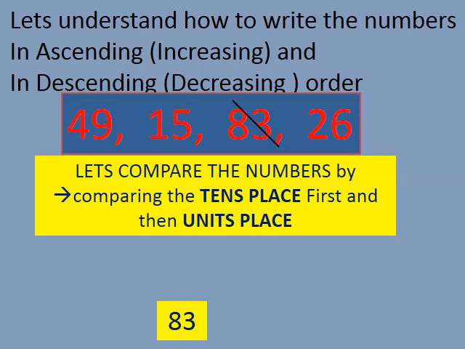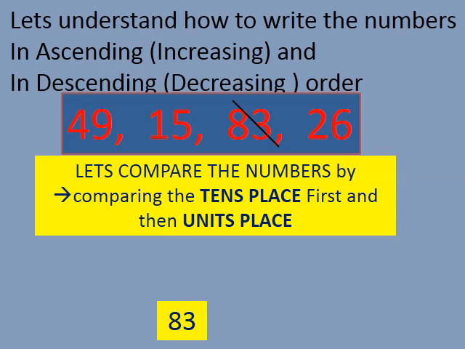As soon as you write it, please cross it so that you don't repeat that number when you are comparing the other numbers. Now after 83 we are left with 49, 15 and 26. Out of them, when we compare the tens place, we know that 4 is the biggest number.